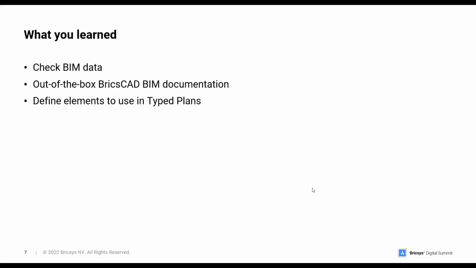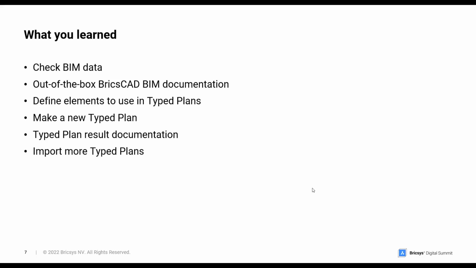Then, we defined some symbols to be used in our type plans. We proceeded with defining a new type plan and using the symbol, to then compare the visual representation and the visual transformation of that type plan with the out-of-the-box documentation.